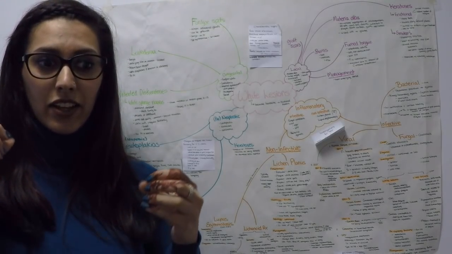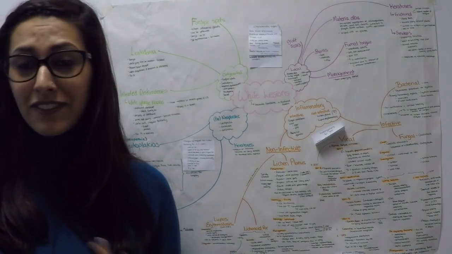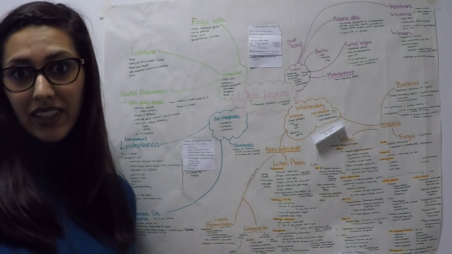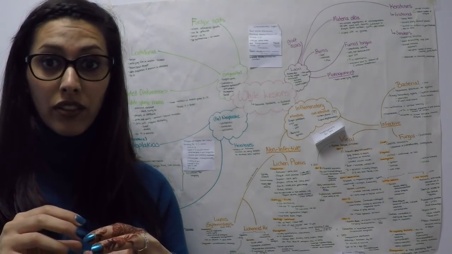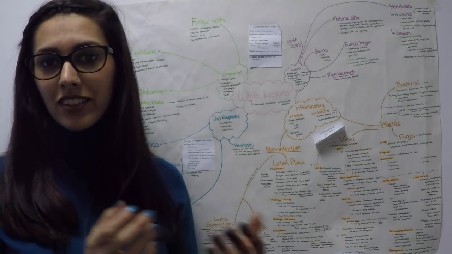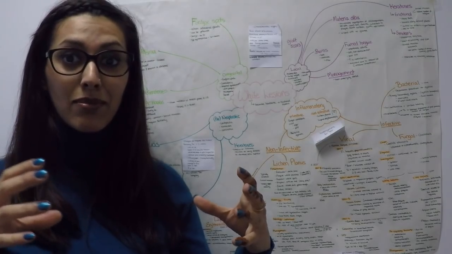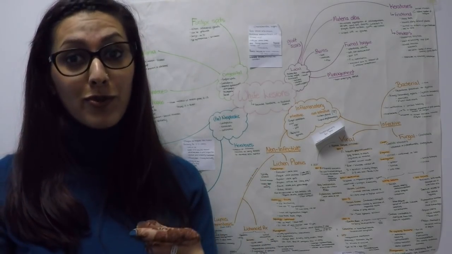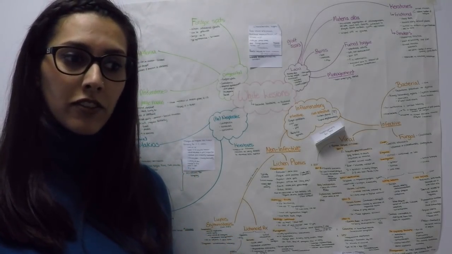Because there's rapid division, as you have in malignancy, you'll find lots of dense DNA, and DNA always stains dark on a histology slide, so you'll find that it's generally much darker, so hyperchromatism, darker staining of the cells.